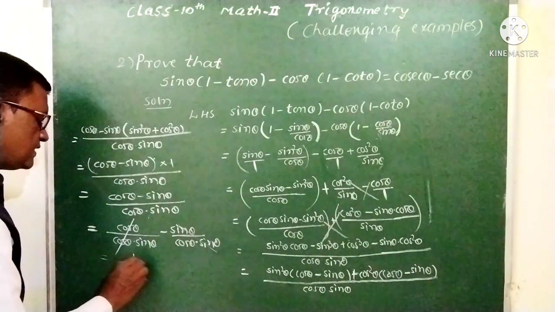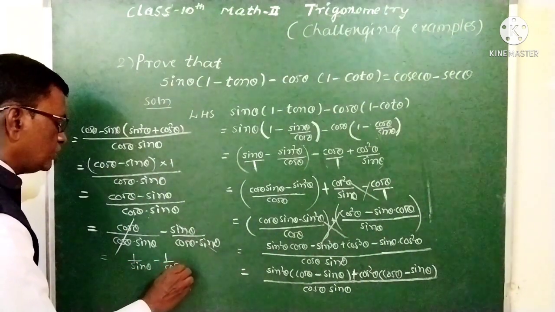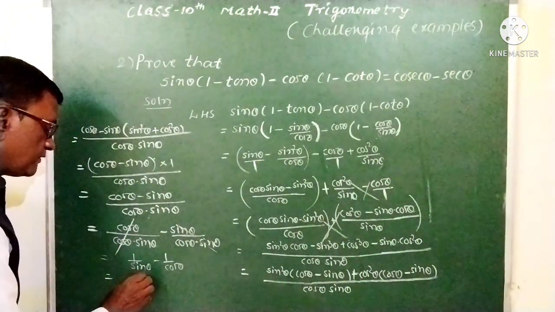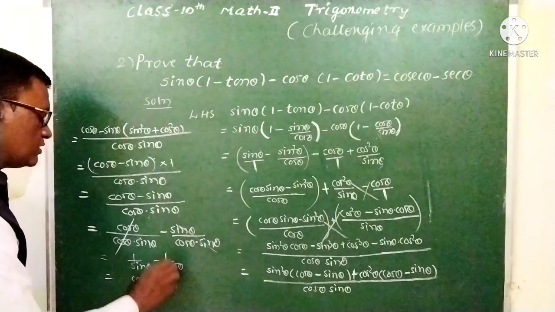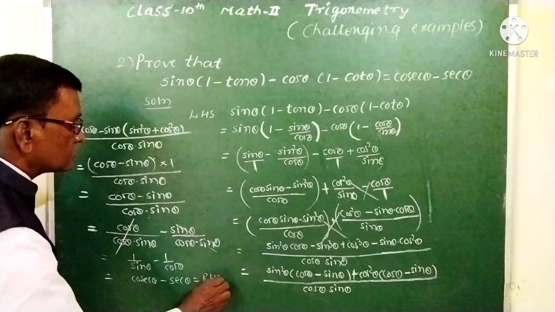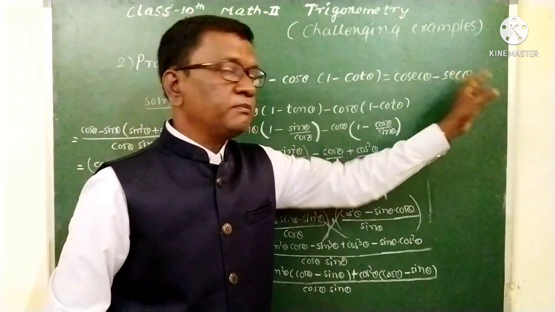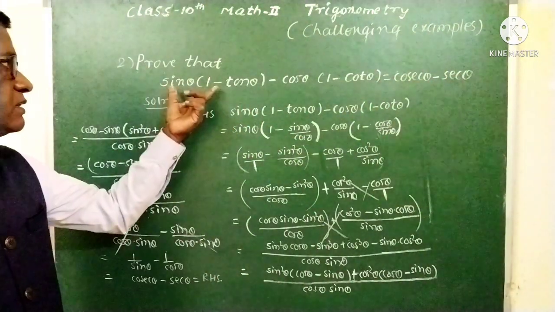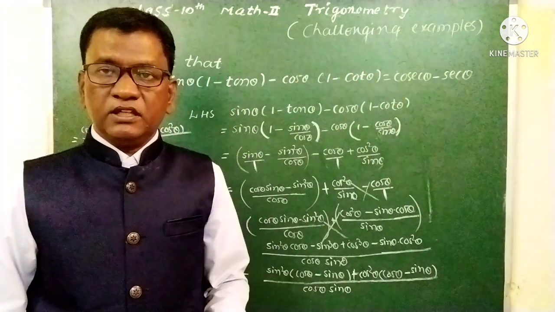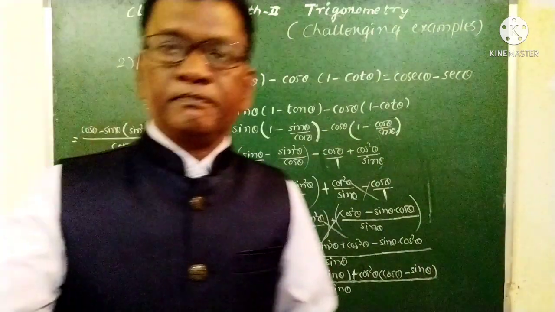So here is 1 by sin theta and here is 1 by cos theta, and we know that 1 by sin theta is equal to cosec theta and 1 by cos theta is equal to sec theta. Means we prove it is equal to cosec theta minus sec theta. This LHS is equal to RHS. In this way you solve such type of example in exam.